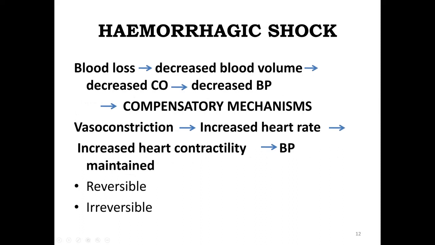Now, hemorrhagic shock, again a flow chart. There is loss of blood due to trauma, accident, leading to decreased blood volume, which results in decreased cardiac output. CO is symbolized for cardiac output, and when the cardiac output is decreased, there is decreased blood pressure.